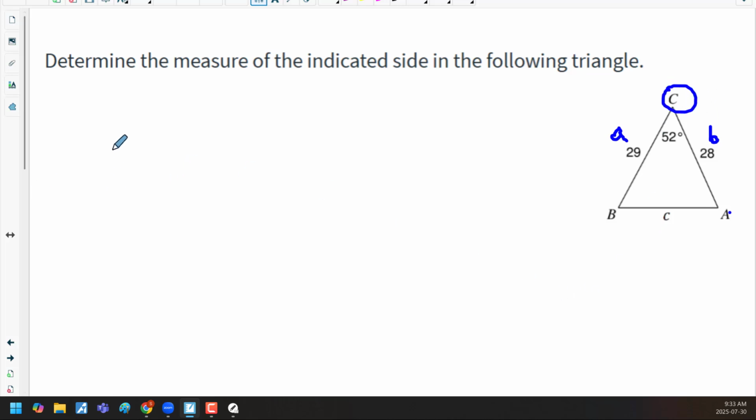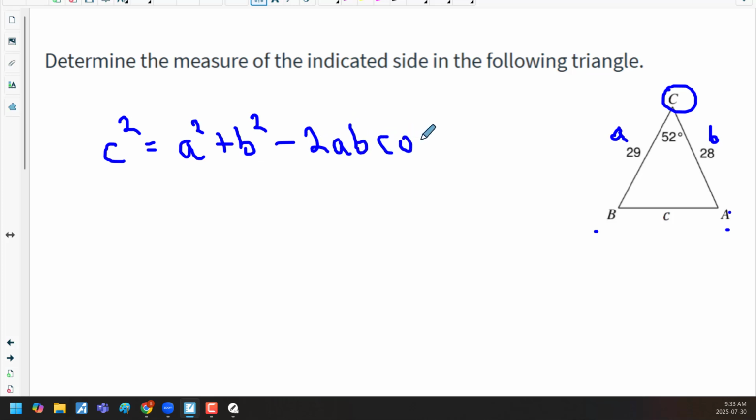That means we're going to use the cosine formula that starts with C. C squared is equal to, and then the other two are going to be on the inside, a squared plus b squared, minus 2 times a times b cos angle C. That's how you do the formula.